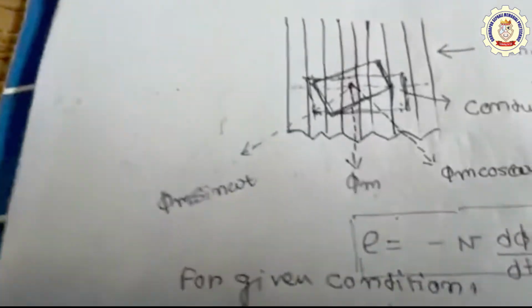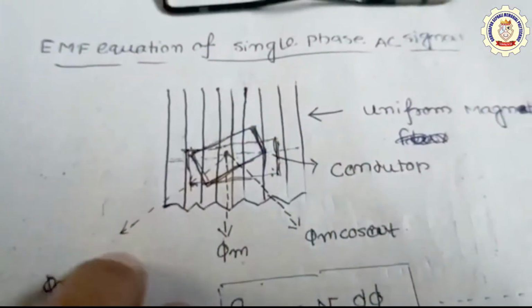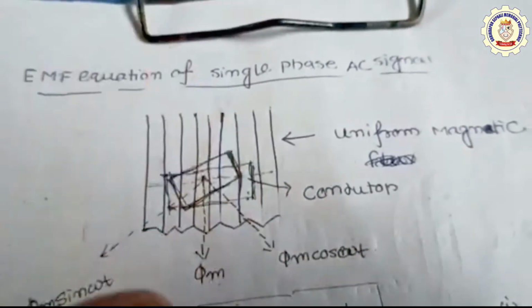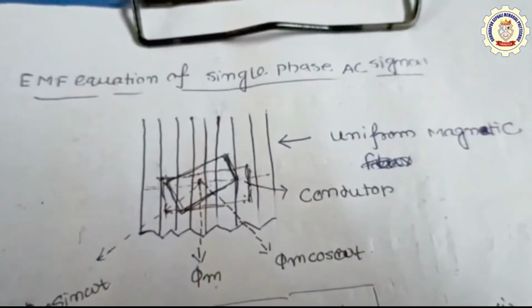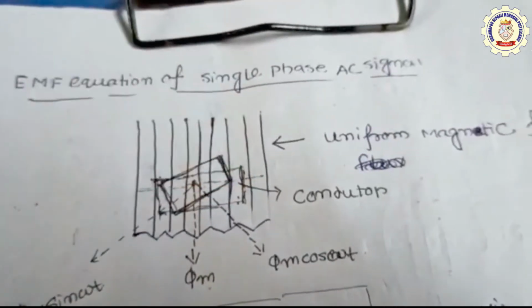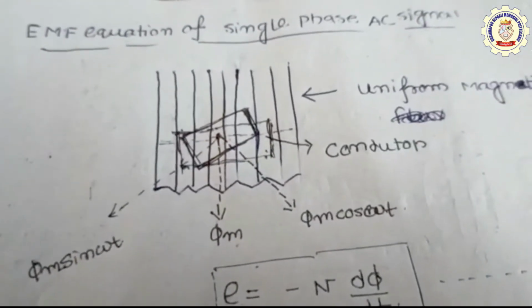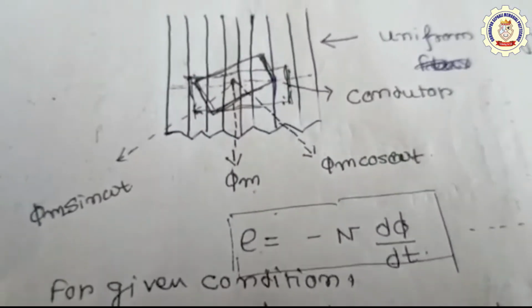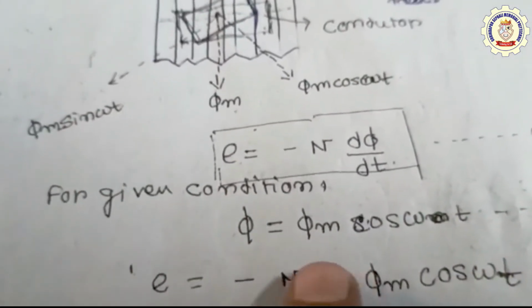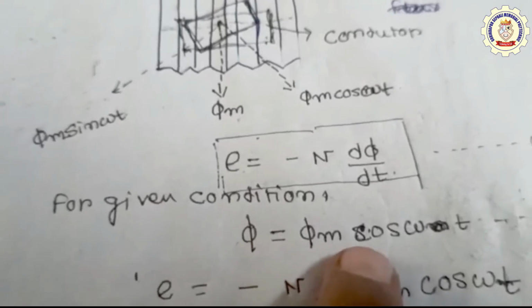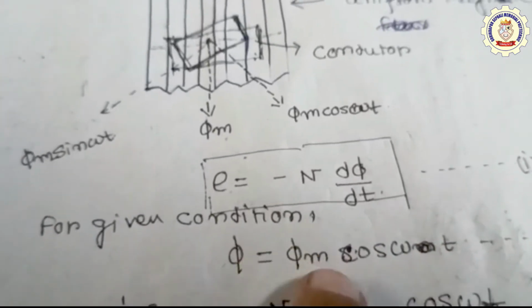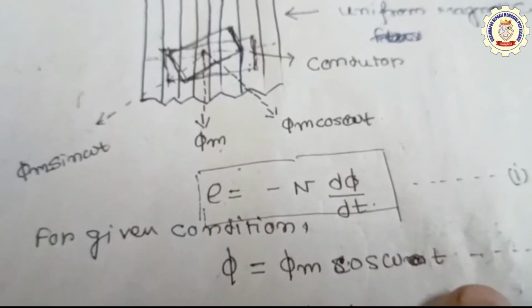So for this supposed condition, where a conductor that tends to move or already moves is placed in a uniform magnetic field, we assume that phi equals phi m cos omega t.